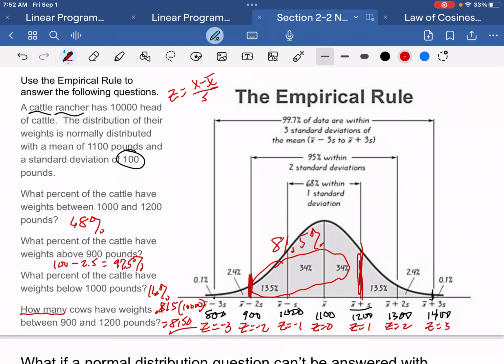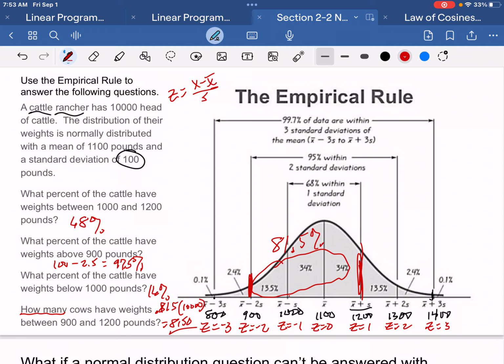Would this be important to a cattle rancher to know how many of his cows weigh between 900 and 1,200? Yes, because maybe when you take your cattle to market, the only ones that can be sold are the ones that have those weights. Well, then he knows that he's going to do pretty well if 8,150 of his 10,000 cattle have those weights. Then he knows he's going to have a good day at the market.